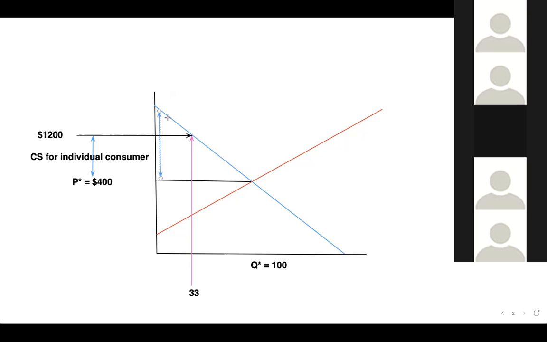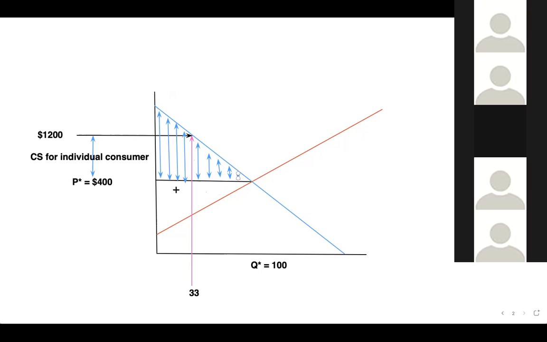So for that consumer and that consumer and that consumer, you see how we get the area, the total. I hate to say total consumer surplus because you kind of get confused with total surplus, but it's an aggregate of the market level consumer surplus if we add those up for all the individuals. Do you see what I mean, Ryan?